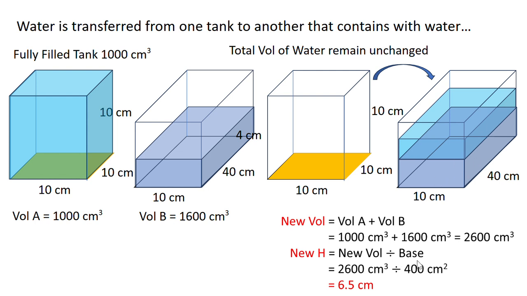To find the height, you divide by the base of container B, which is 10 times 40, 400. You take the amount of water, 2600, divided by 400, and you get 6.5 centimeter. So the height of the water here is 6.5 centimeter.